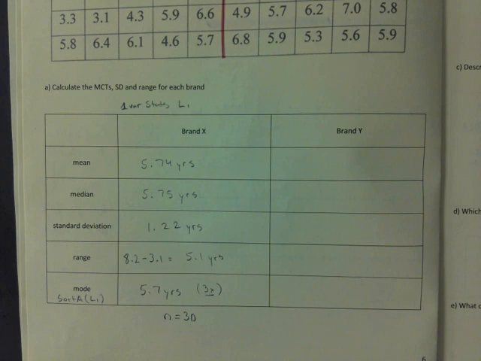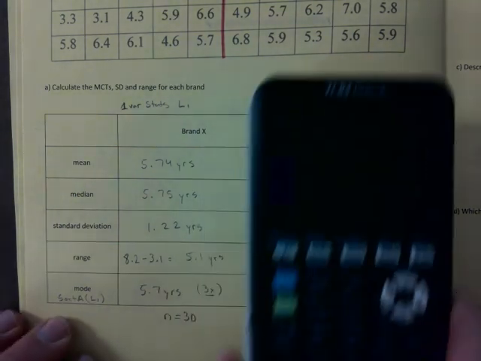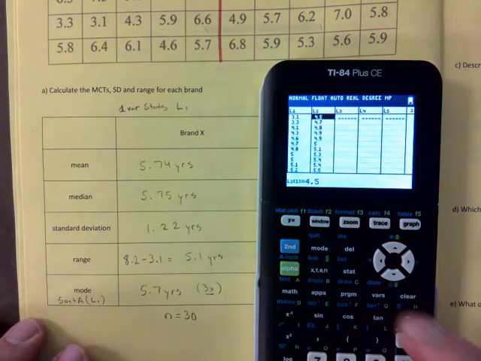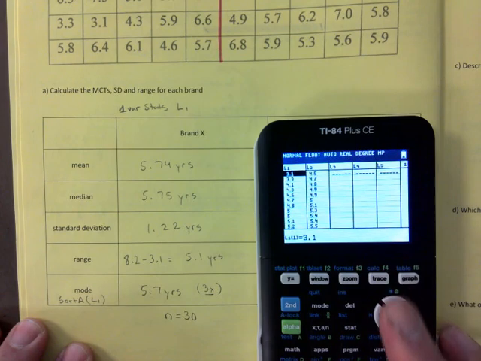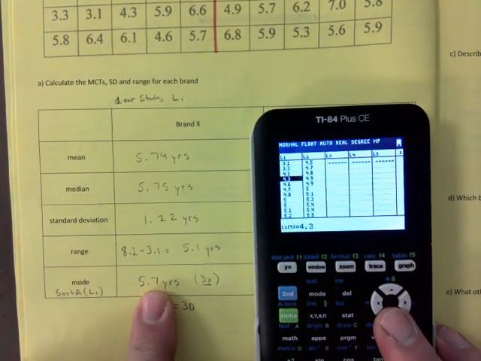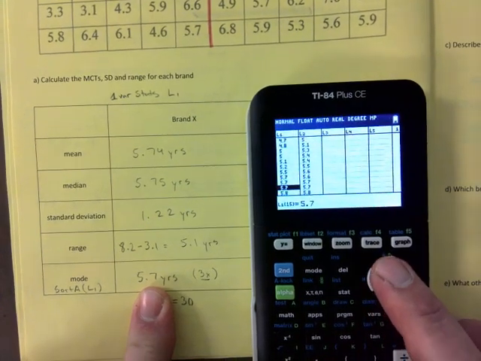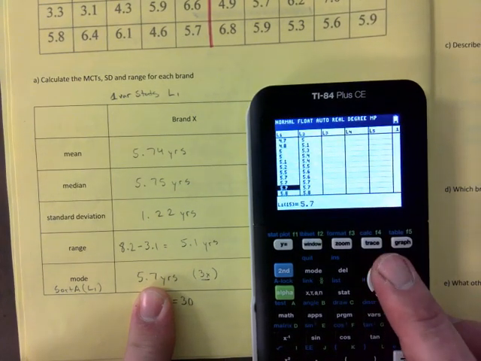Did you get the same numbers as me? Could I use your calculator for a second? I didn't type the same. Okay, so I just want to make sure this is already sorted, right? But to get the mode, you would just go through your numbers, and 5.7 shows up 3 times if you sort it.